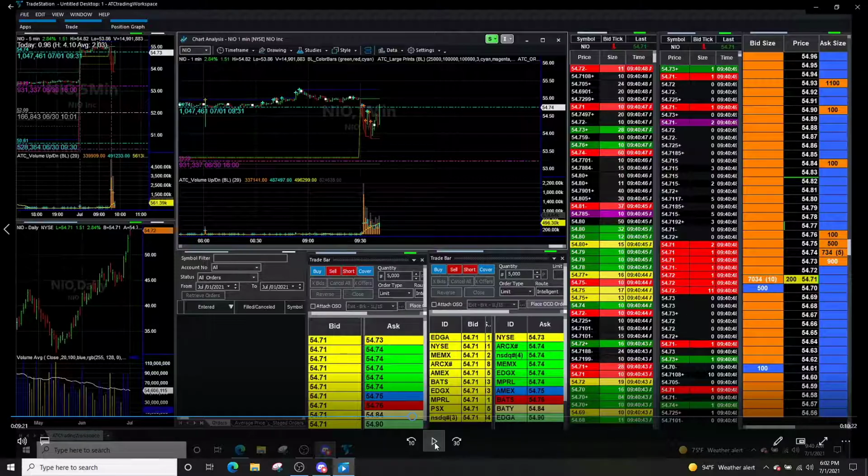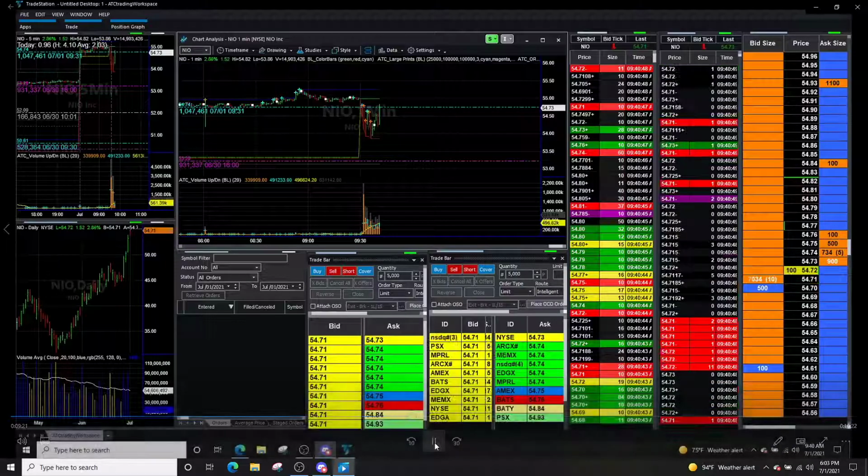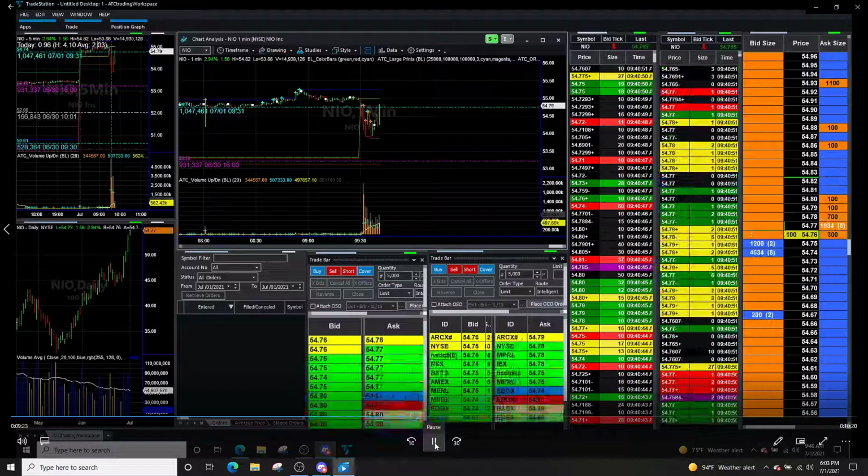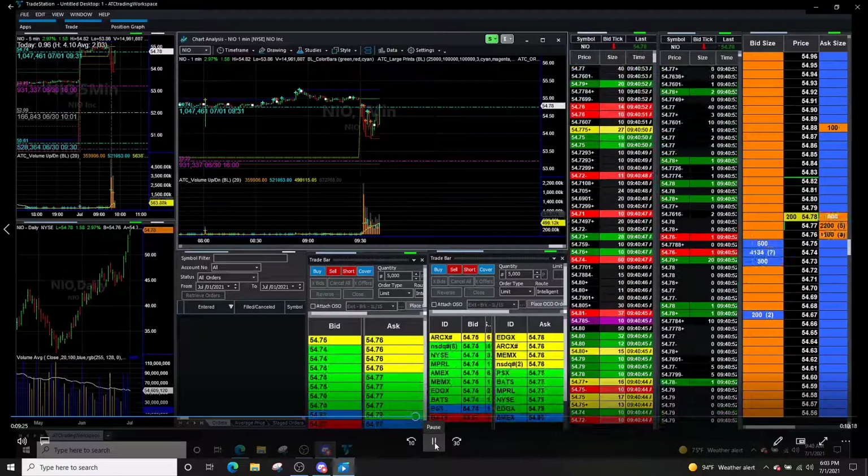So overall, the stock does need a pullback to 53, but in the shorter term, it's pushing to 55 currently for that market maker to build on that 54 bid position that they're showing. So now we're pushing to 55.